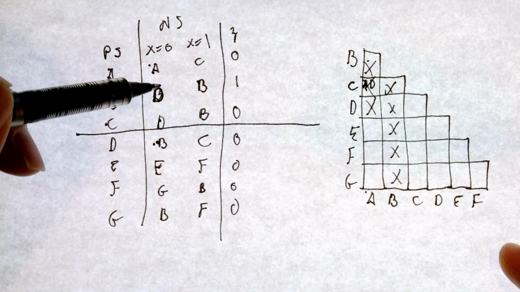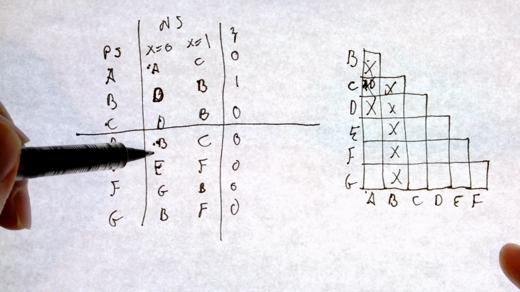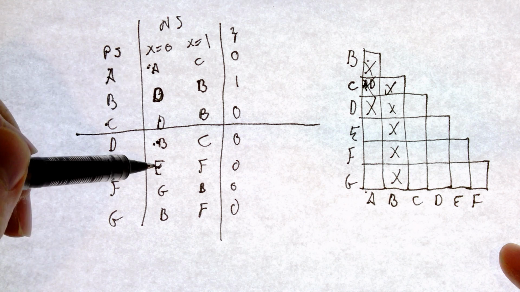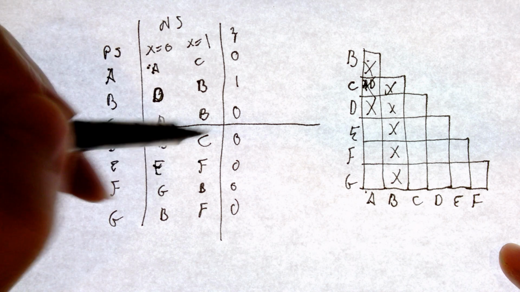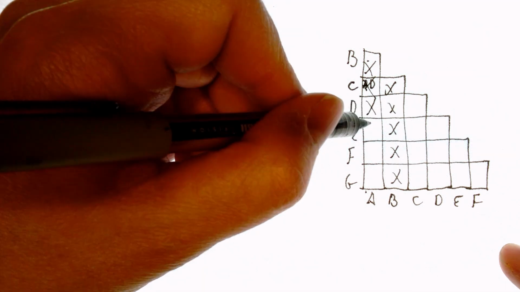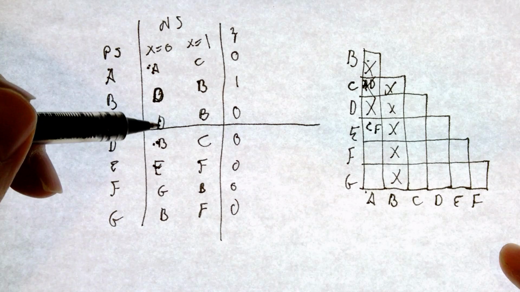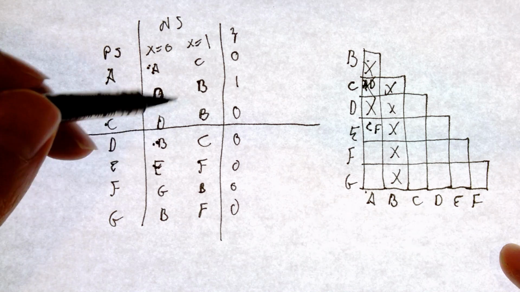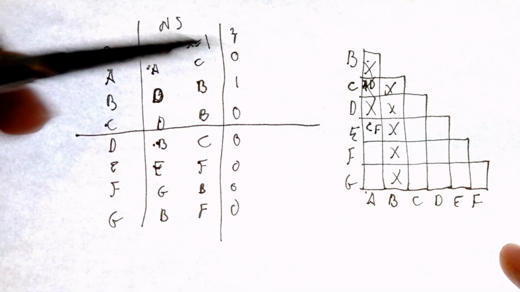And you want to compare A and E, which is AE, CF. We know AE is already in the AE section. But what about CF? Well, we don't know about that yet.